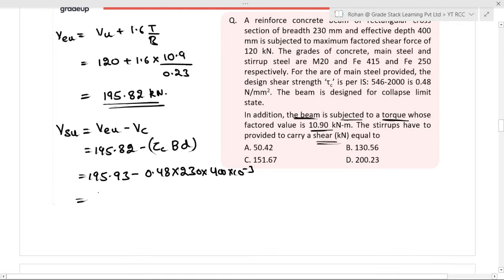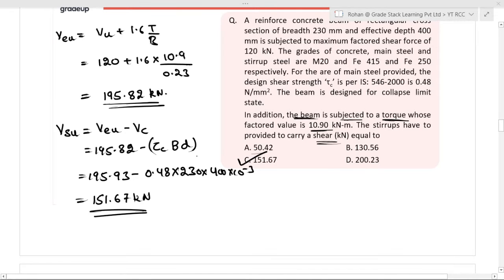It will come out to be equal to 151.67 kilonewton. So you have to design the shear reinforcement for 151.67 kilonewton, guys.